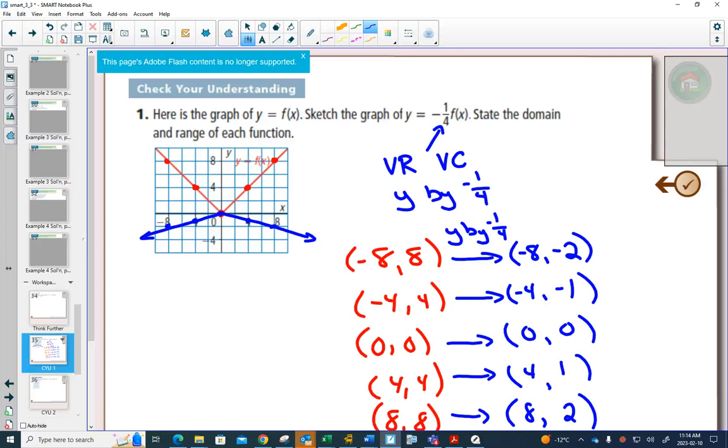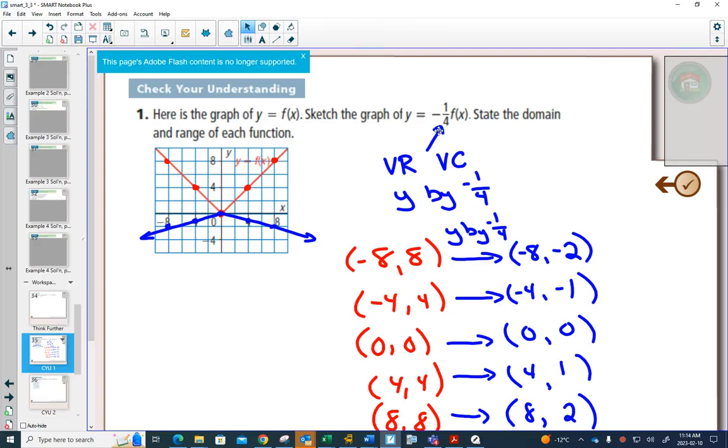And after you've graphed it, look at the letters that you wrote. Do you see a vertical reflection? Yes. Does it look like there's been a vertical compression? Yes. So we can sort of do a mental math check. Do each of the things that we wanted to have happen actually show up? In this case, they do.